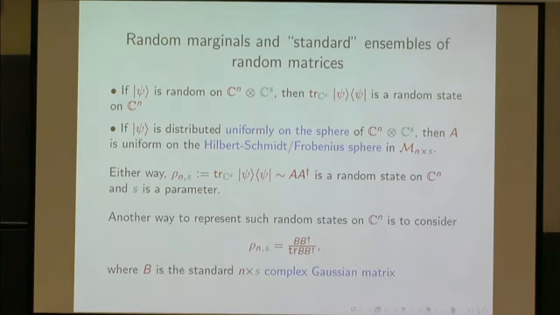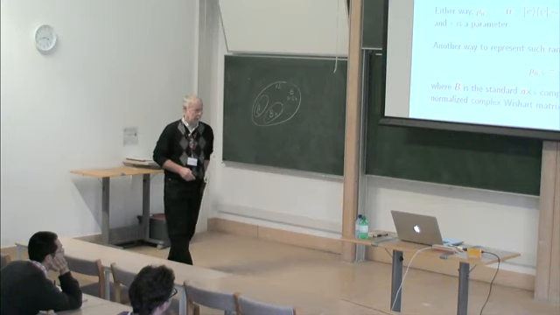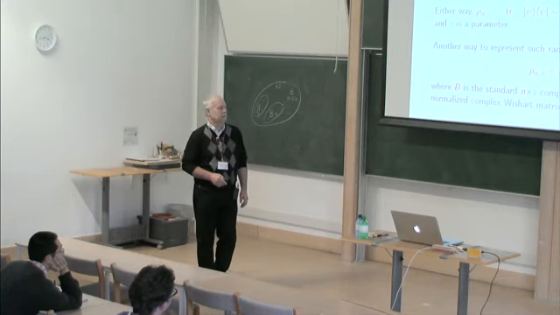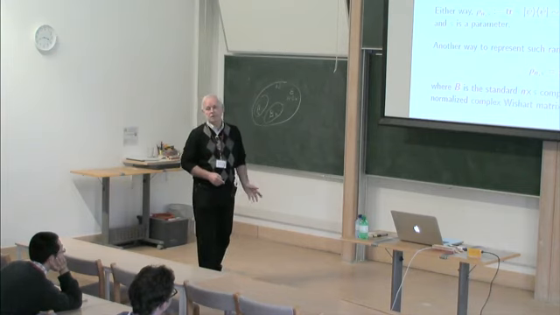Another way to represent such a situation is to consider a standard complex n by s Gaussian matrix B, then consider BB star and divide by the trace, so you obtain a state. This way we obtain, as explained by Benoit most recently, a normalized complex Wishart matrix.